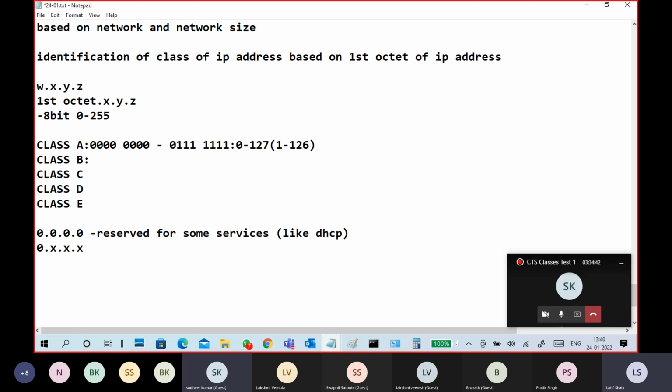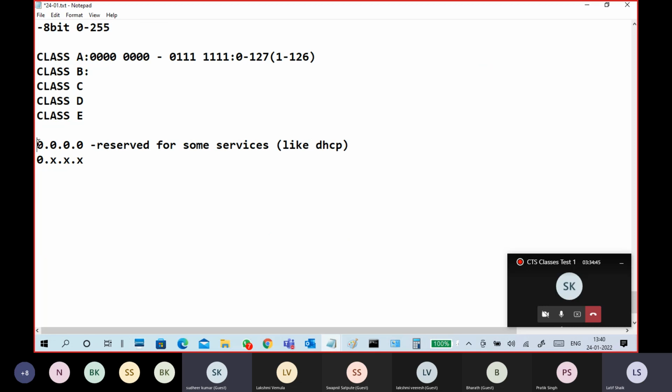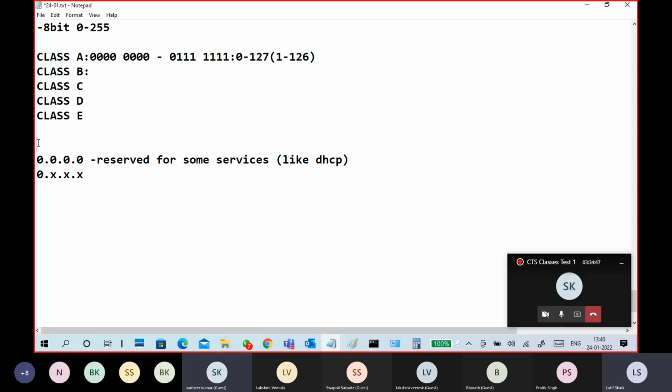We don't use it means we don't assign it to an adapter, a system, a device or a PC.